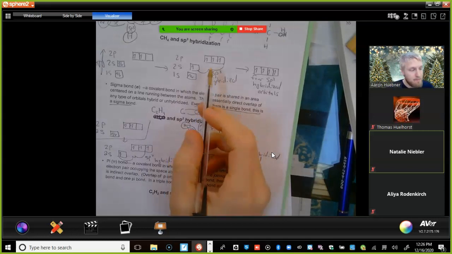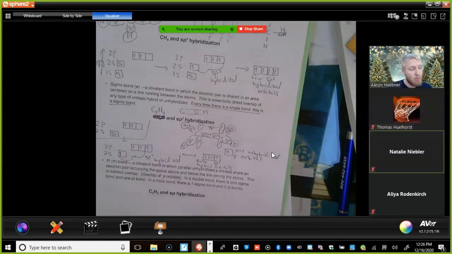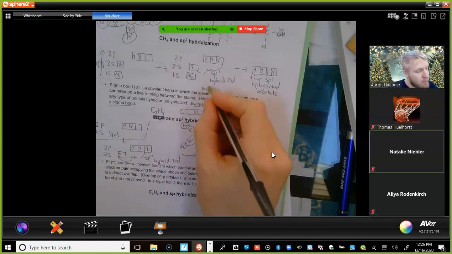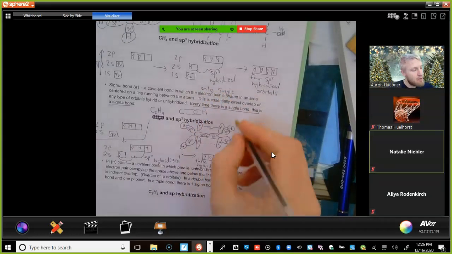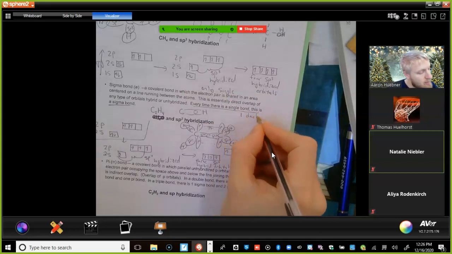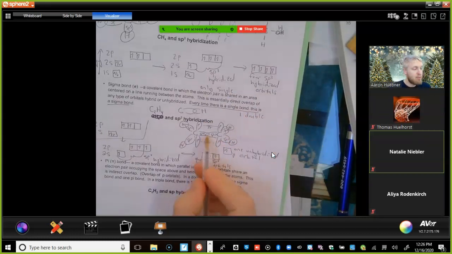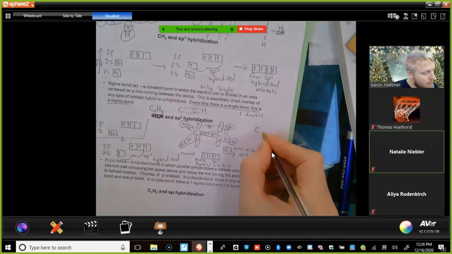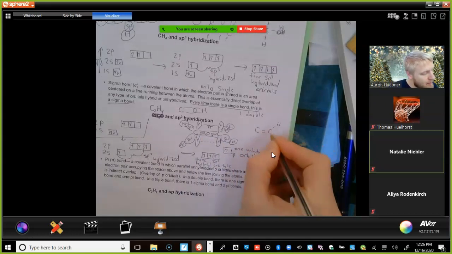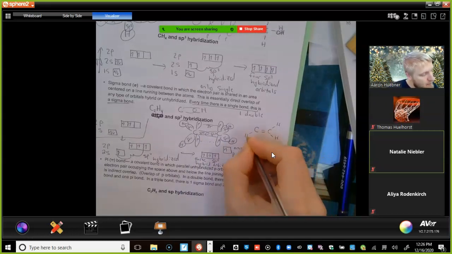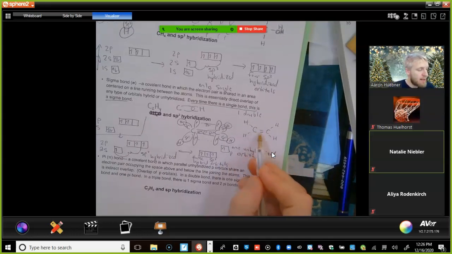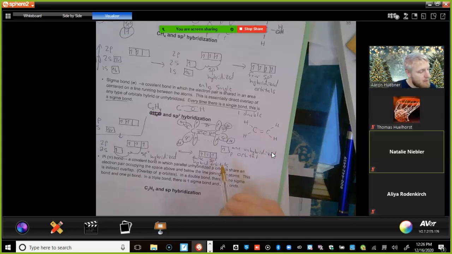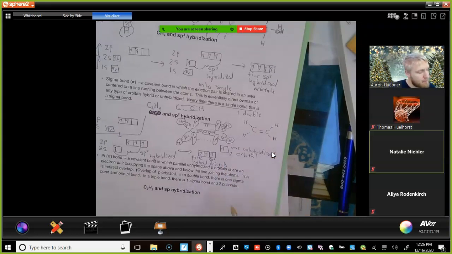Now in the sp3 hybridization, it's only going to be single bonds, only single. But when you have sp2, you're going to have one double bond present. So this is a double bond, and if we write it out, that's what it's going to look like. 1, 2, 3, 4, 5 sigma, 1 pi bond. 2, 4, 6, 8, we got them. Alright, so that's sp2 hybridized.